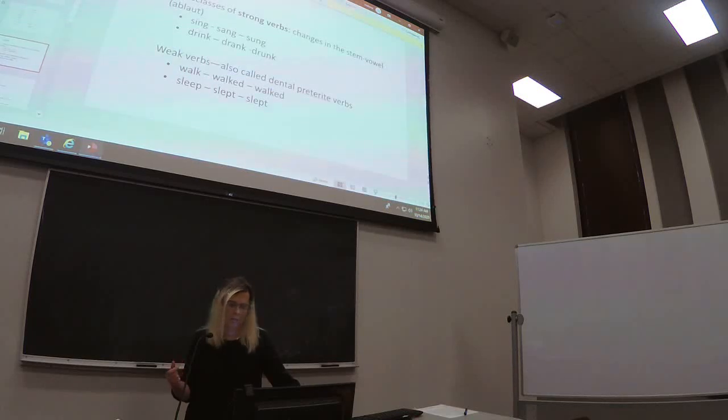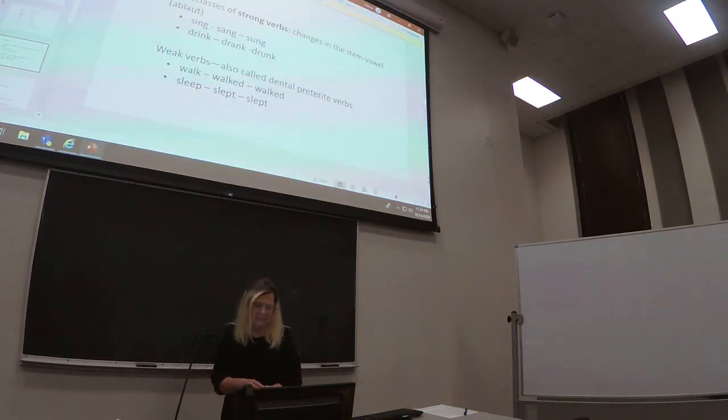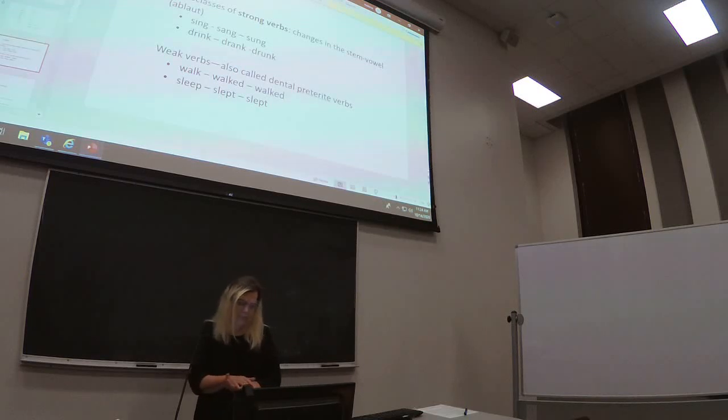This is called ablaut. We still have, though these are not the Old English forms, sing, sang, sung, which shows that that's a strong verb in present day English. They are often referred to as irregular verbs, but they were not irregular in Old English. They were just one of these 7 classes of strong verbs.